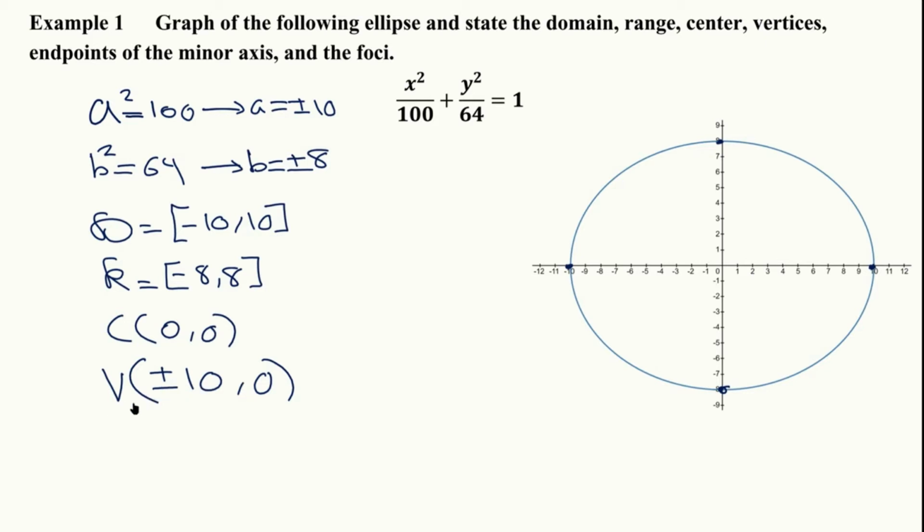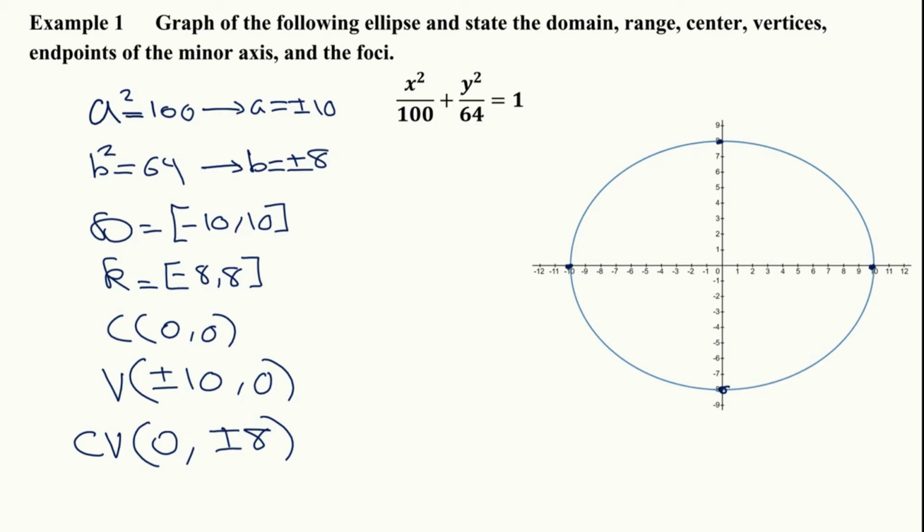One of them is 10, 0, the other one is negative 10, 0. The endpoints of the minor axis, which we have been calling covertices, right? So the covertices are at 0, plus or minus 8.